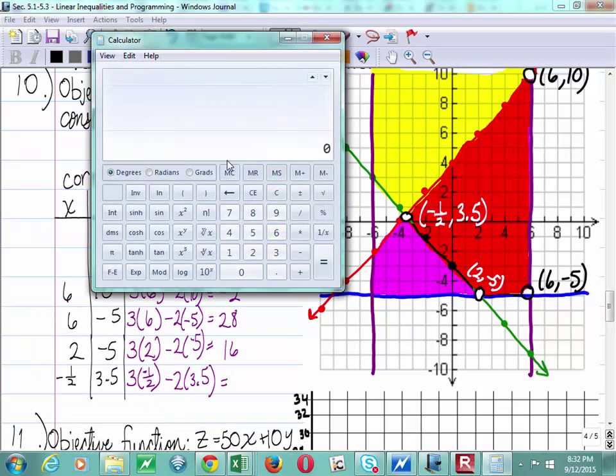That's negative 3 times 0.5 minus 2 times 3.5. So that's negative 8.5.